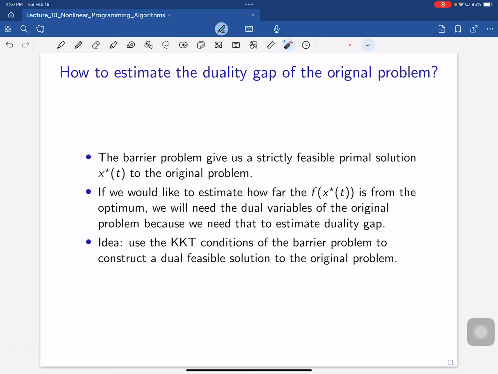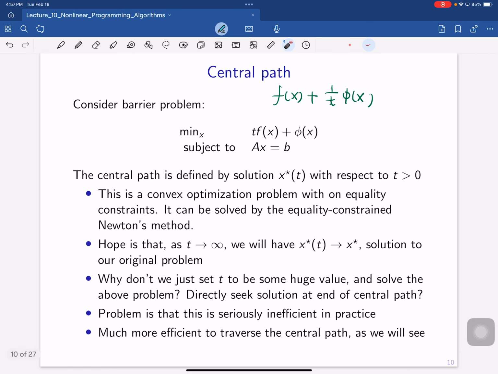Now, the question here is, we know as t goes to infinity, this barrier problem is equivalent to the original problem. But in reality, you never set t equal to infinity. You must have a finite number of t.